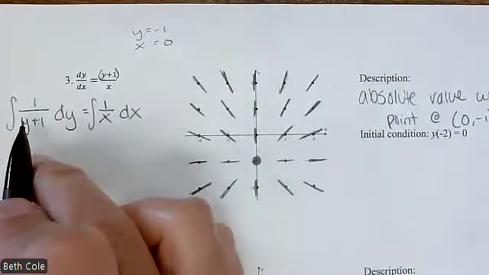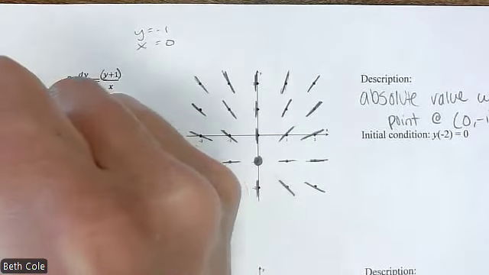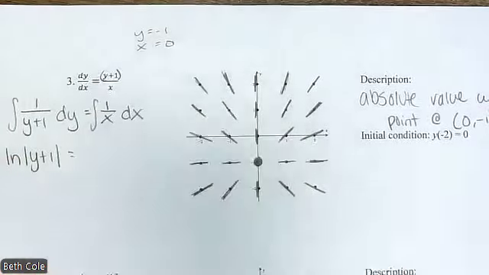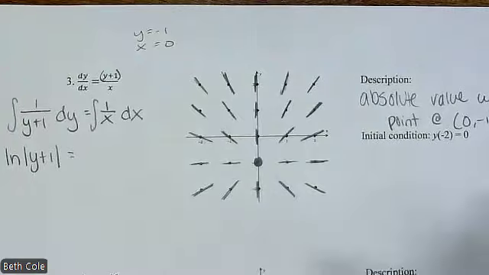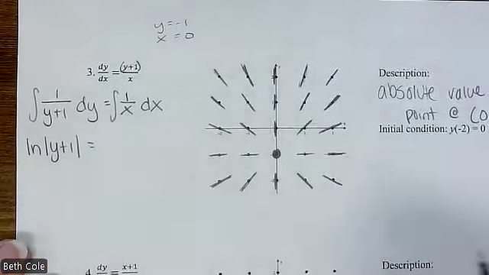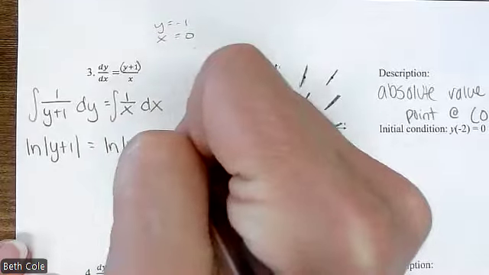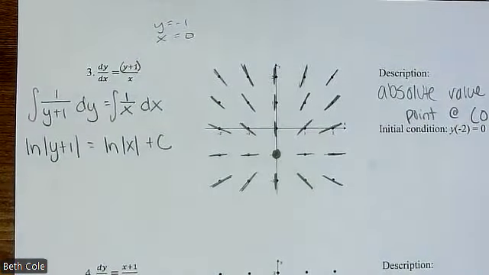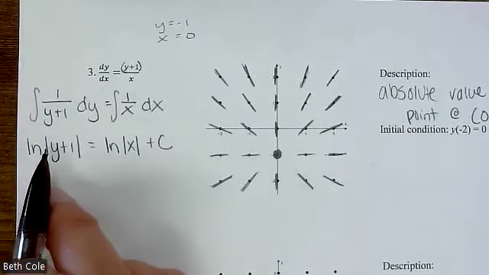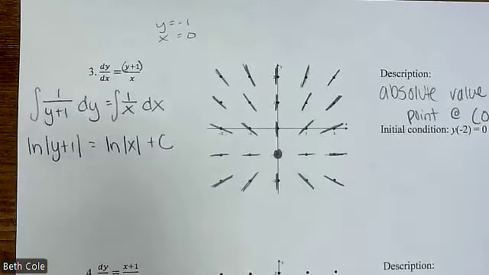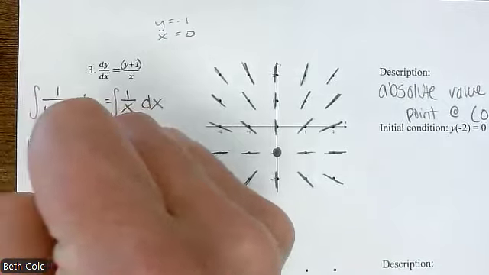So the antiderivative for this side is going to be ln of y plus 1. The antiderivative for this side is going to be ln of x, good, plus c. And then we're going to get y by itself. So to cancel out the ln, you're going to exponentiate.